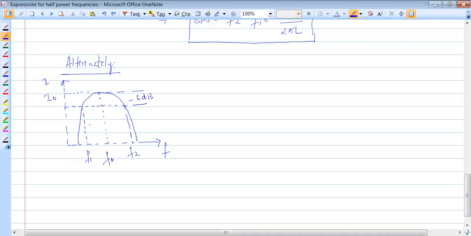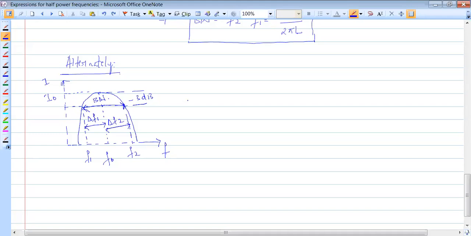Let's call this delta f1 and this delta f2. What is the bandwidth? Bandwidth is this.